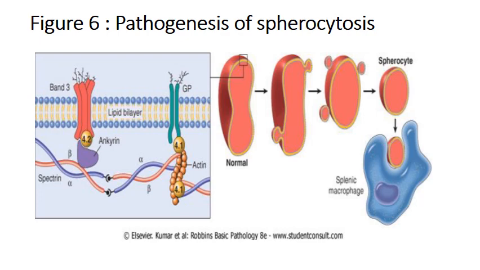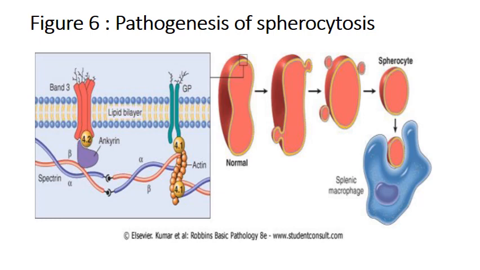This is band 3, spectrin and ankyrin. When there is hereditary spherocytosis, it might be due to a defect in spectrin, in band 3 or in ankyrin, which leads to a defect in the interaction, which affects the red blood cell.